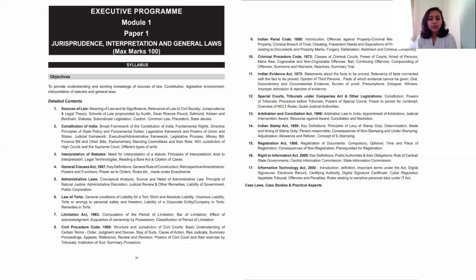Moving on, chapter number 16, the Right to Information Act of 2005. Now, the right to information came about as a new legislation which allowed the public, the citizens of our country, to ask questions regarding the administration of our country.